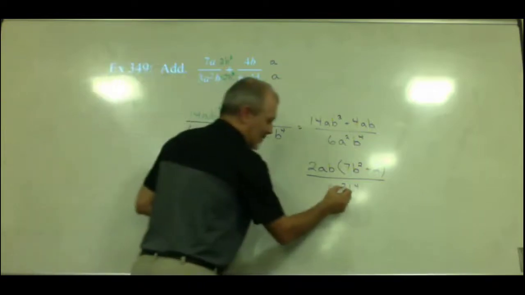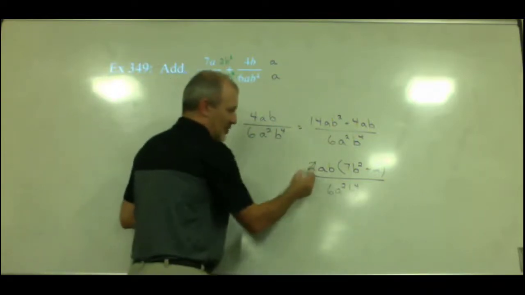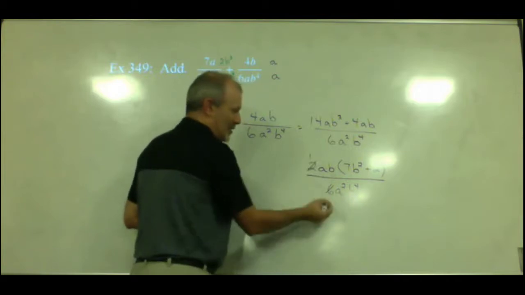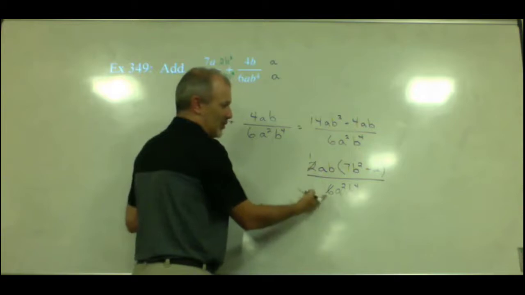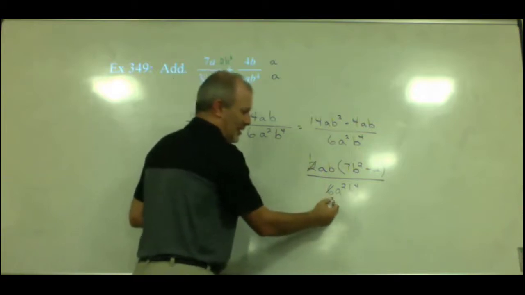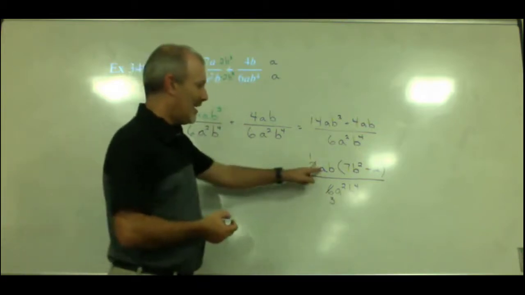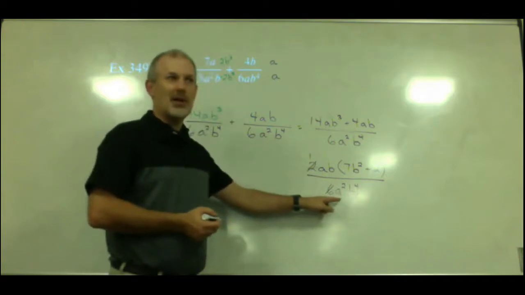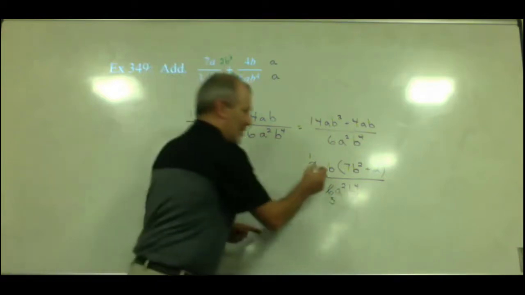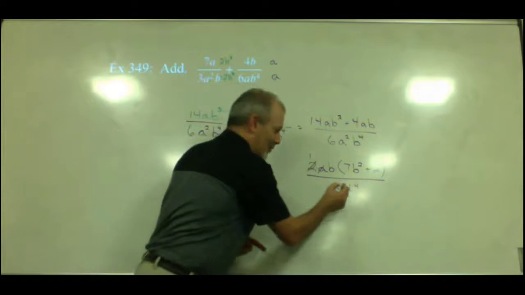So, and this is times, times. So 2 can reduce with the 6, and this becomes a 1, and this would become what? If you reduce them both by 2, what would this become? A 3. Here we have an a on the top and an a squared on the bottom. So this 1a can cancel, and we have 1a left.